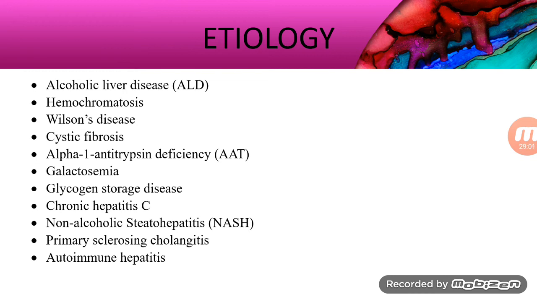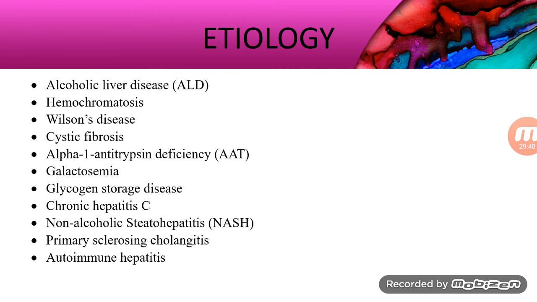Due to any genetic condition, due to an abnormality in the immune system of our body, if our own immune system attacks the liver cells, at that time this autoimmune hepatitis occurs. So this is also one of the etiological factors of liver cirrhosis.